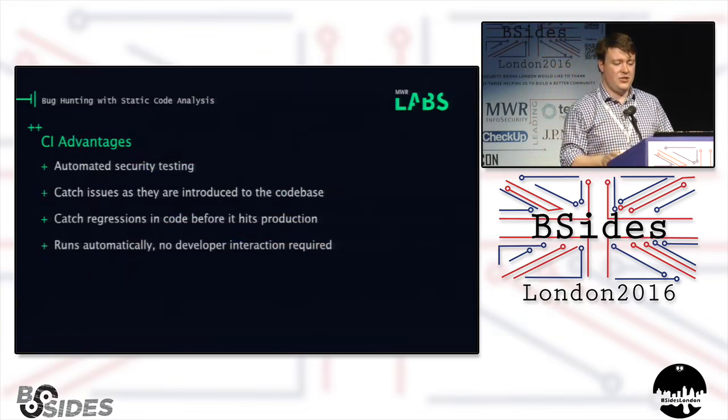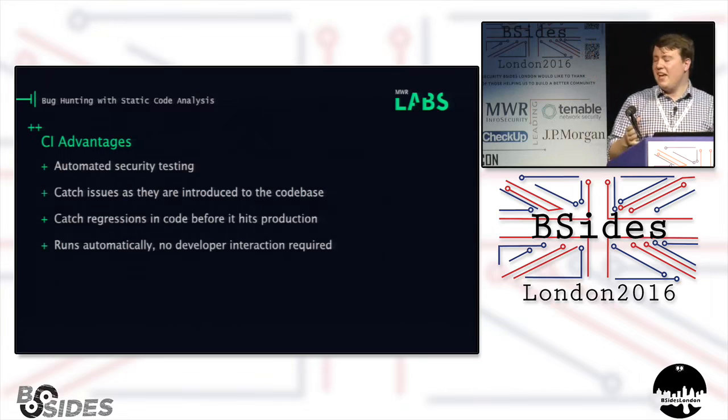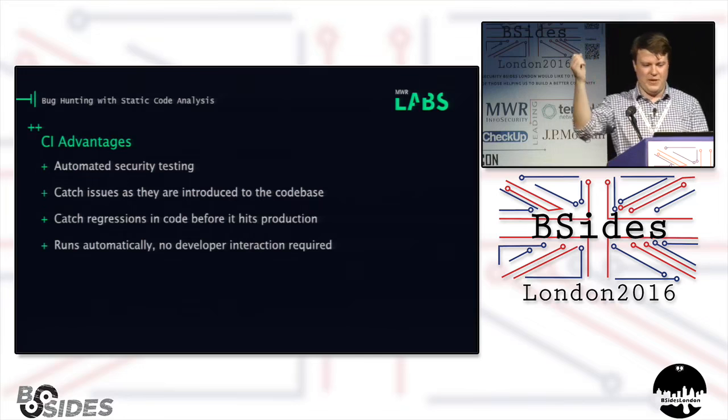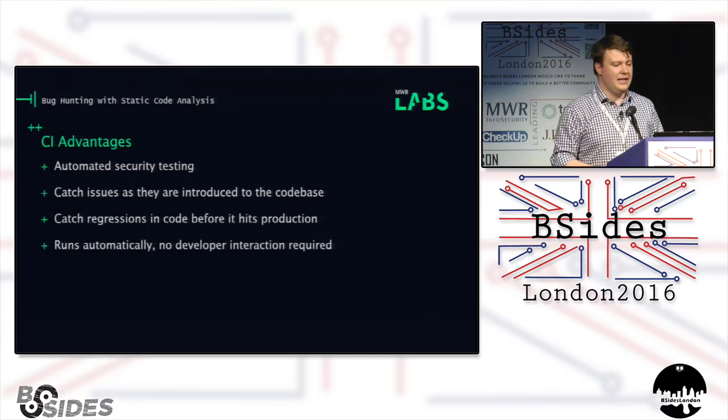But catching issues as they're introduced to the code base is so much better than catching them right at the end. It costs you so much less. You have the developer who developed it there and then. He sees it while his mind is in the set of that code. He understands it, instead of having to come back 6 months later and go, what was this Perl I wrote? I can't read it.